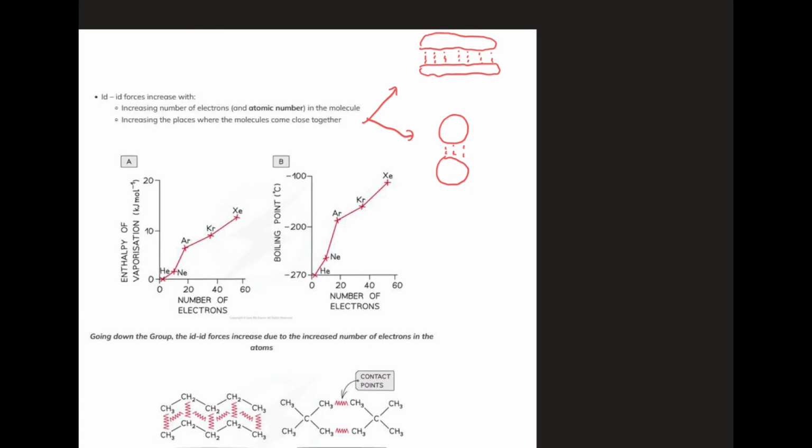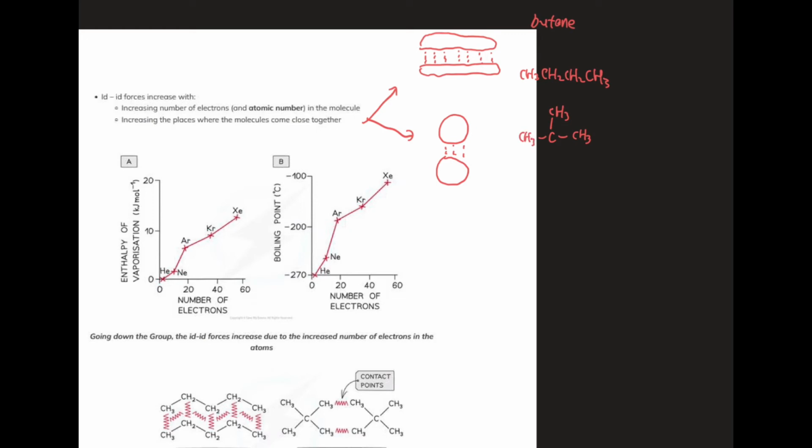Okay, so an example is butane: CH3, CH2, CH2, CH3. They are long, so they can form a lot of Idid forces. Compared to round shapes, for example C with CH3, CH3, CH3.